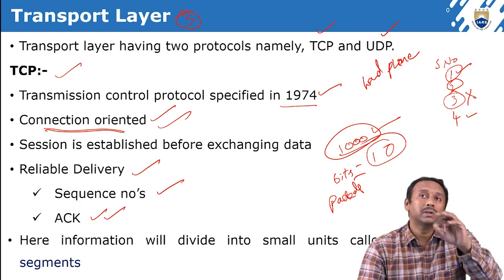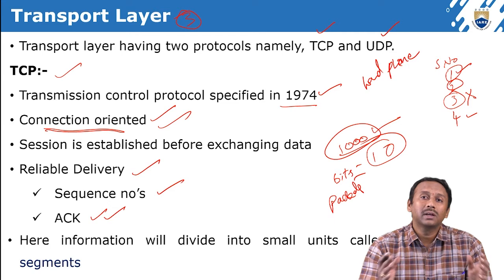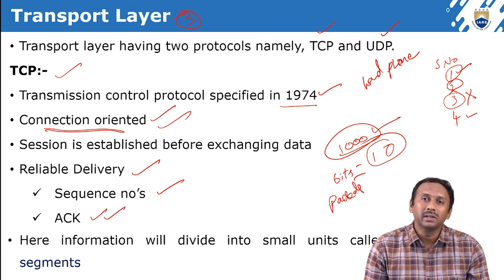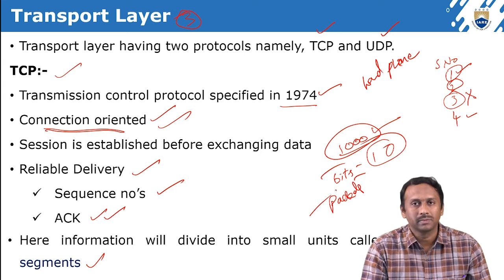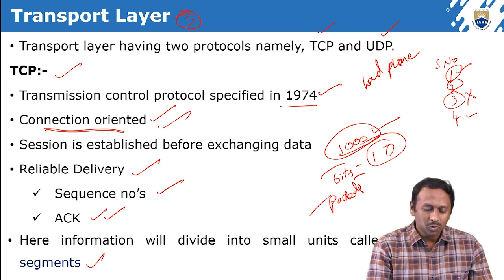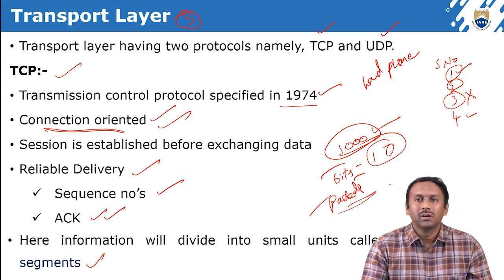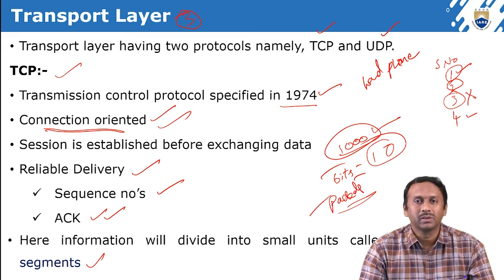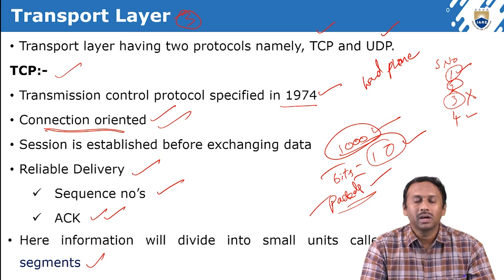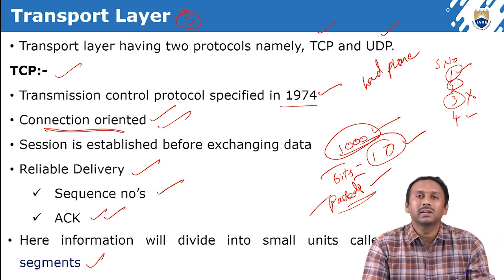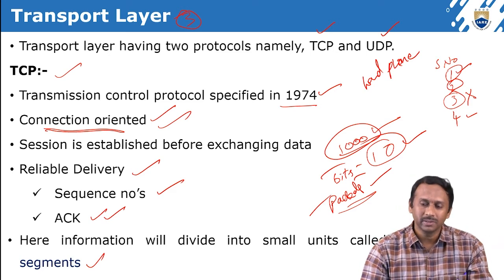But in the transport layer, data is represented in the form of segments, not bits or packets. A group of packets we can call one segment.